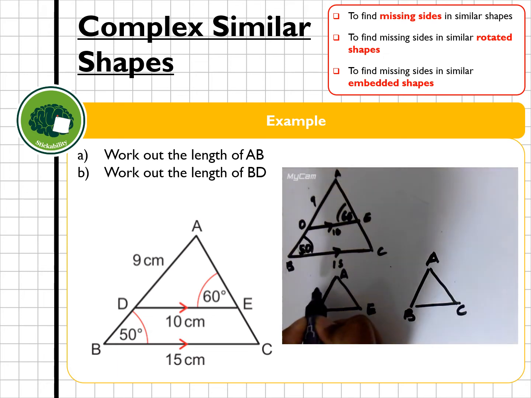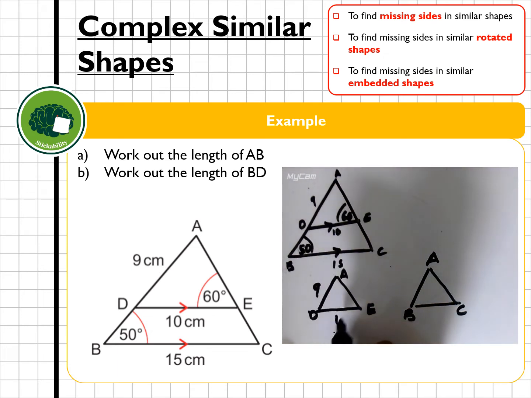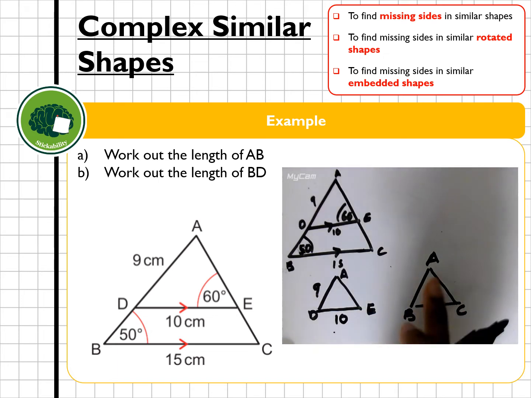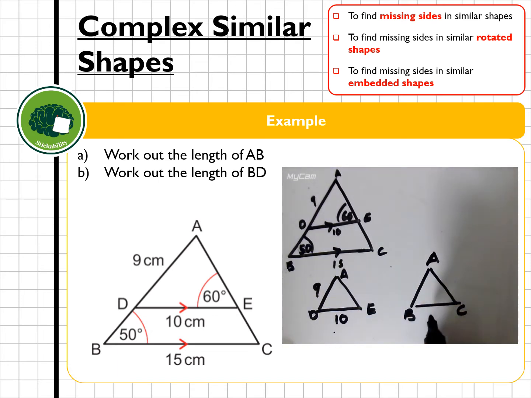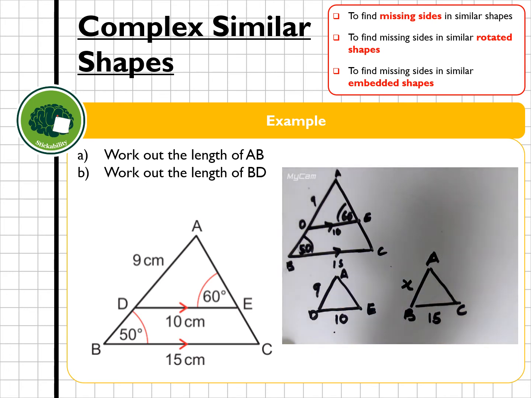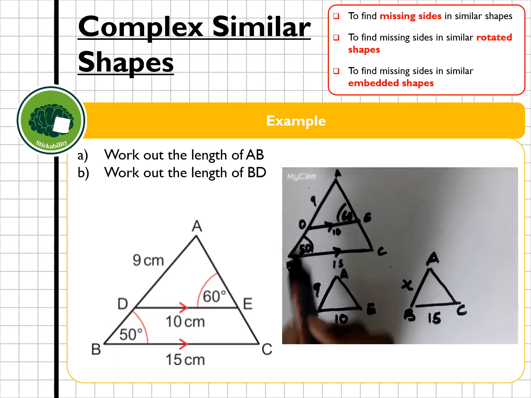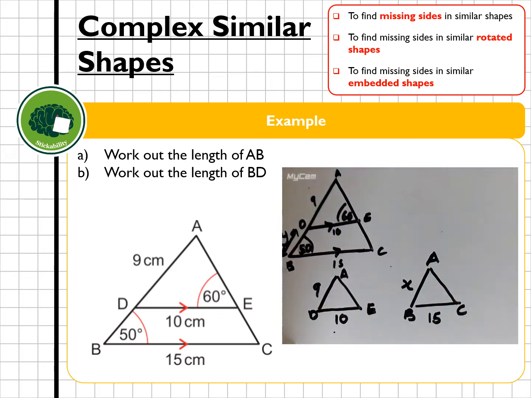I know that here is 9 and here is 10. And with ACB, all I know is that this is 15. AB is the side I want to work out, which is X, and BD is a side I'd also like to work out, but at the moment I will just label it up here, Y, for later.